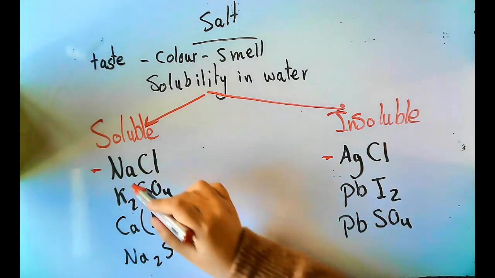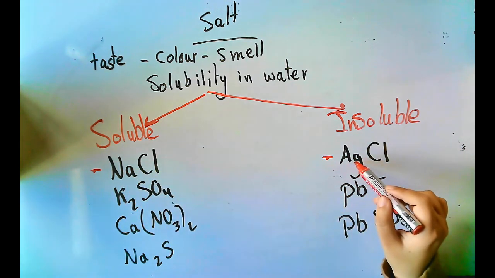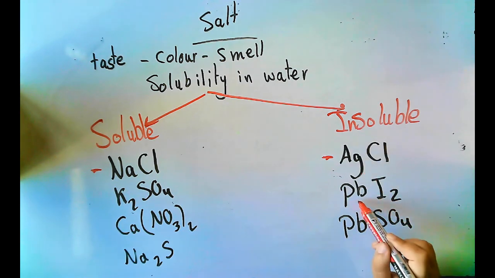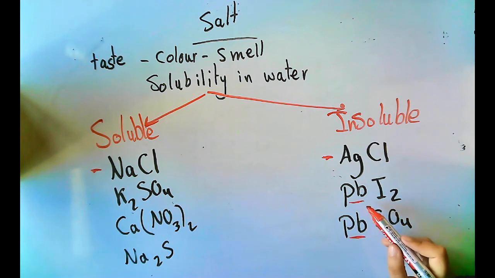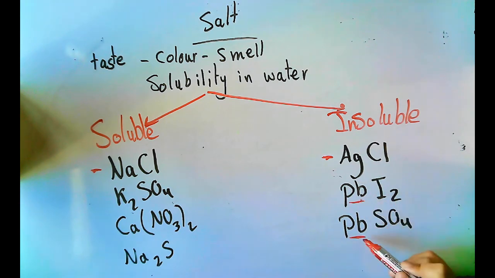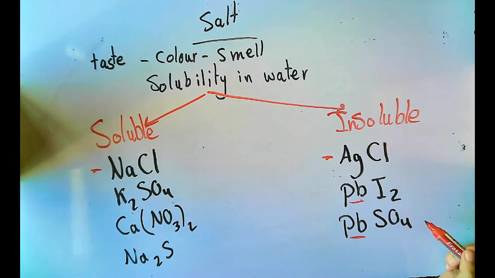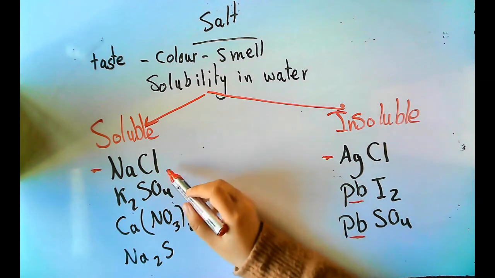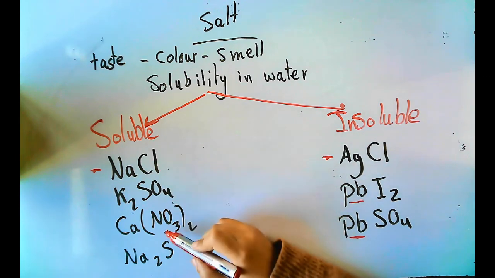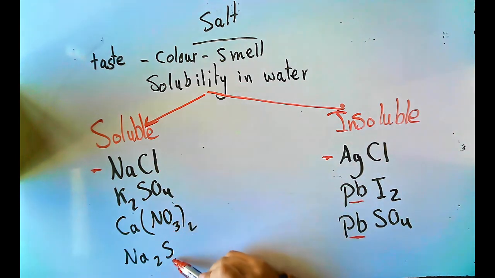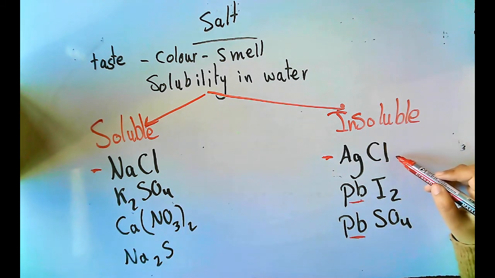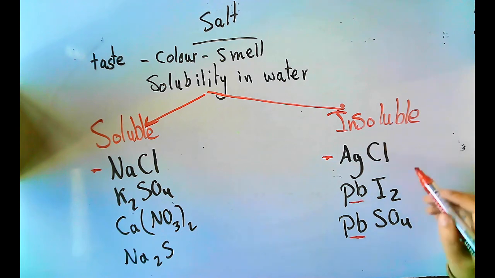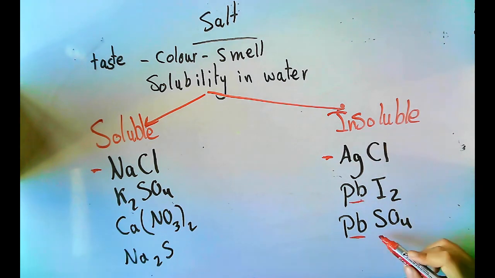Anything with lead is insoluble in water. The examples we have here, lead iodide and lead sulfate, don't dissolve in water, they are insoluble in water. So here we have soluble in water like sodium chloride, potassium sulfate, calcium nitrate, sodium sulfide, but insoluble in water like silver chloride, lead iodide, lead sulfate.